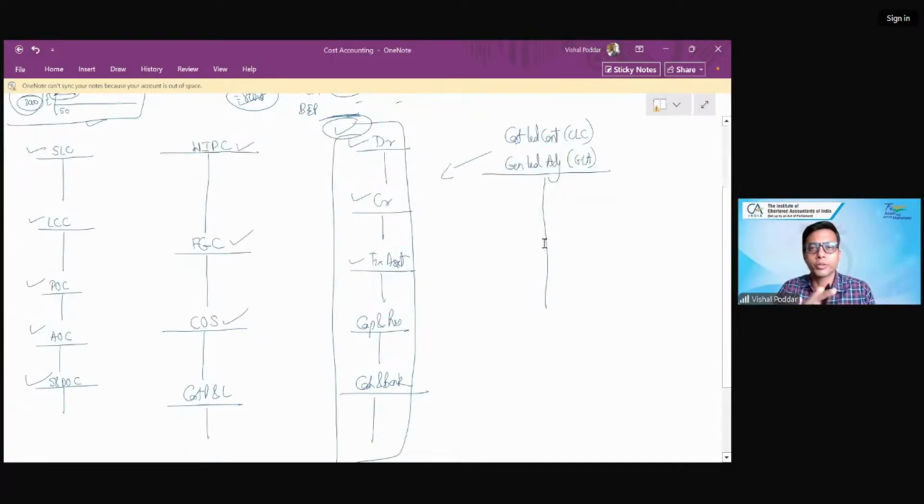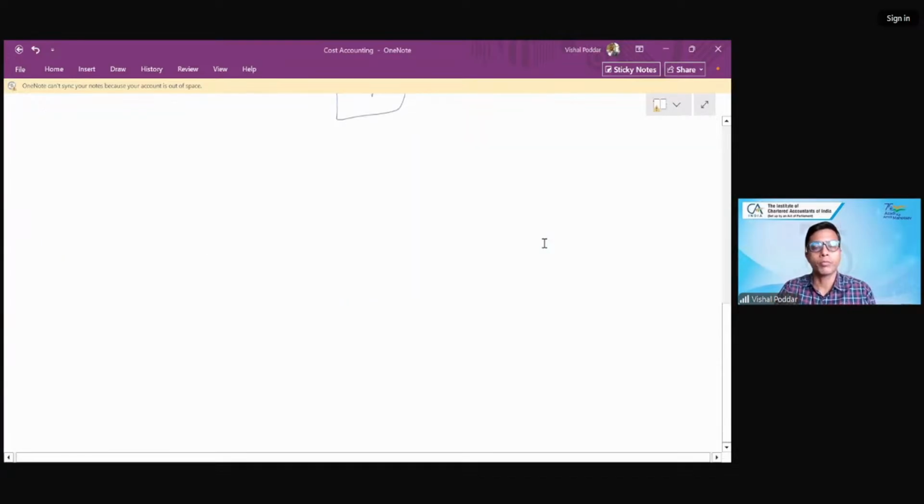Fine, students. So this is how your cost accounting is done. Now we will take up a few practical sums to understand exactly how these entries are passed, to understand exactly the actual working and treatment.